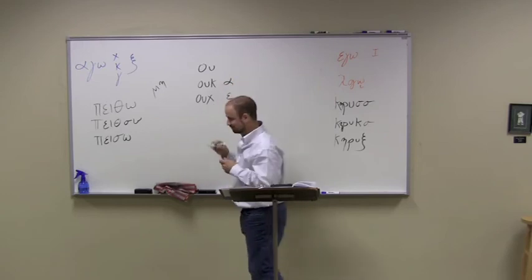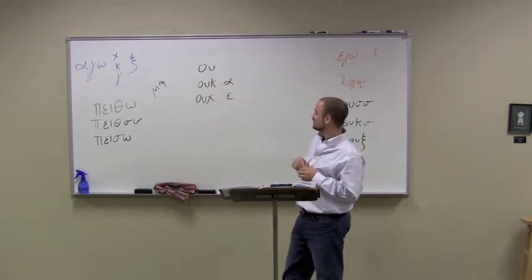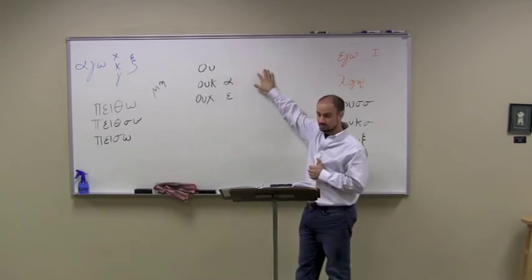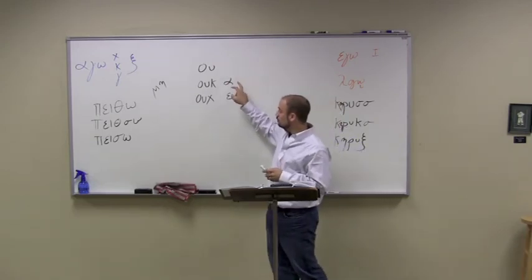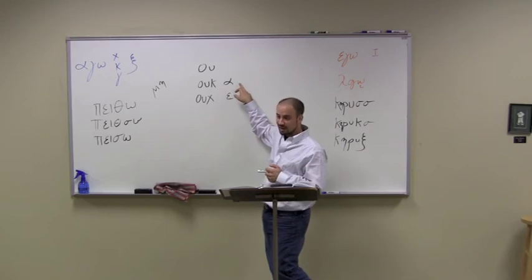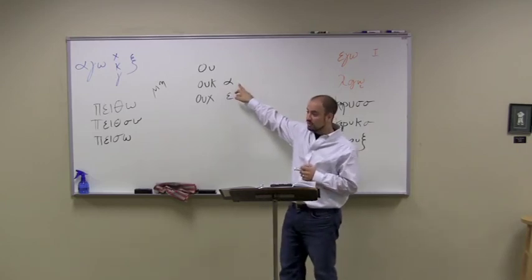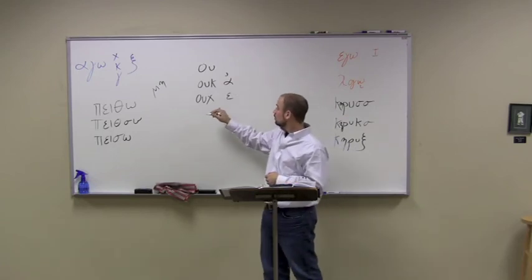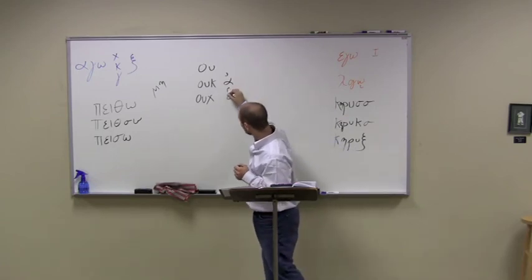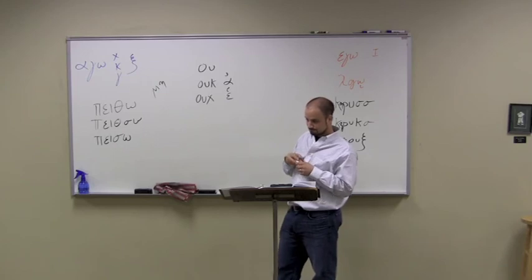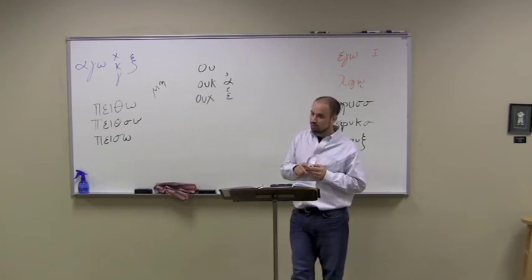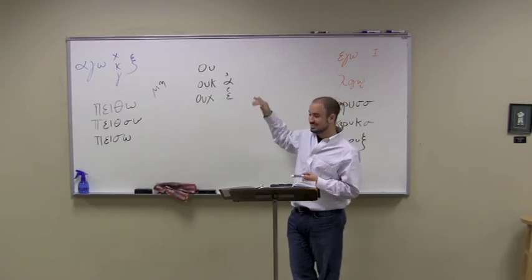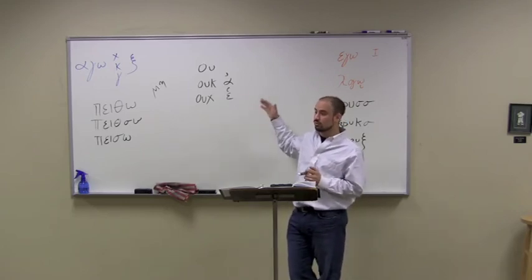Let's start again. I'm trying to go very quickly and I'm making mistakes. So oo when a consonant. Ook when a vowel with smooth breathing. Ooks when a vowel with rough breathing. You don't have to remember those rules down the road. Just know that it's the same form and it changes based upon what word comes next.